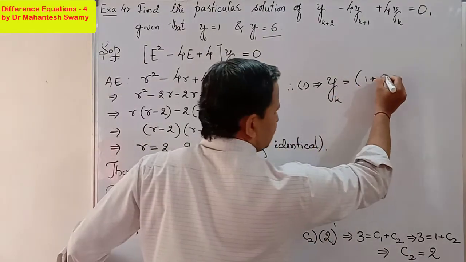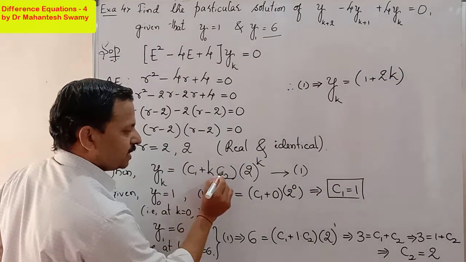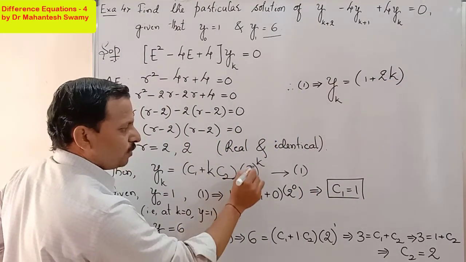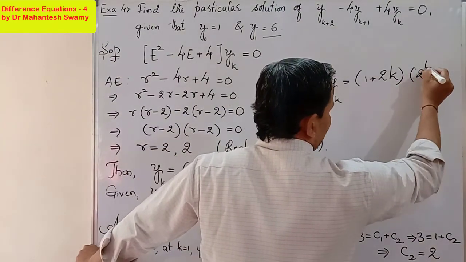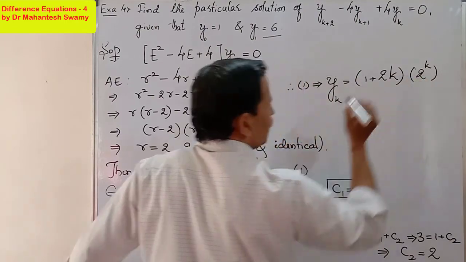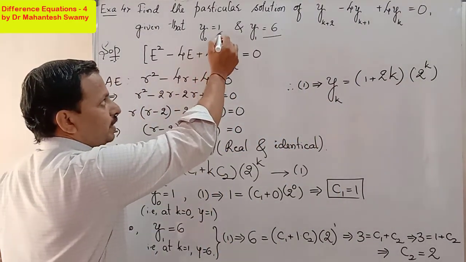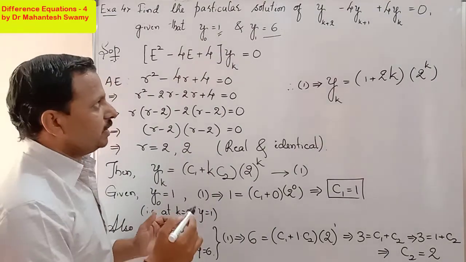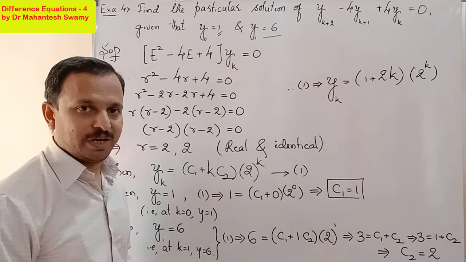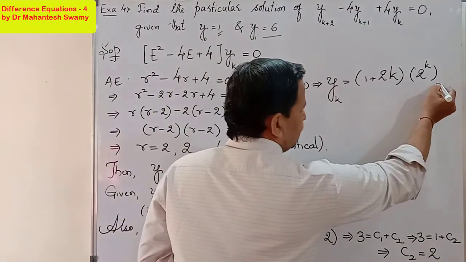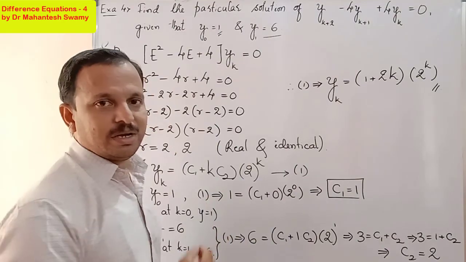So yk = (1 + 2k) into 2 to the power k. What we have done here is obtain the values of c1 and c2 by making use of the prescribed conditions, and in this way we got the particular solution of the given difference equation. So this is the required solution, and this completes the solution of the given problem.